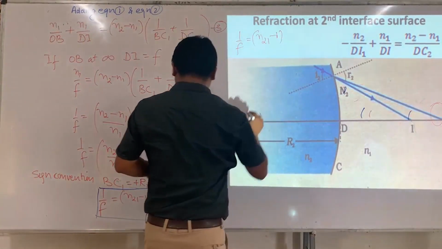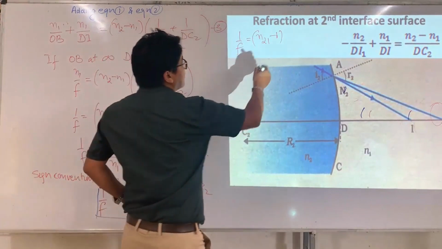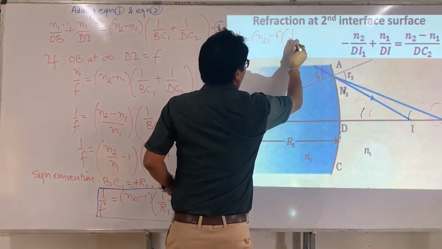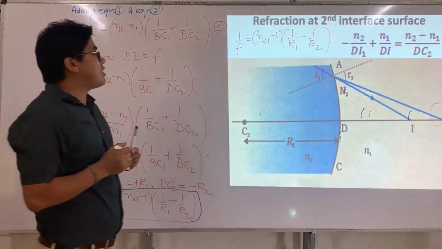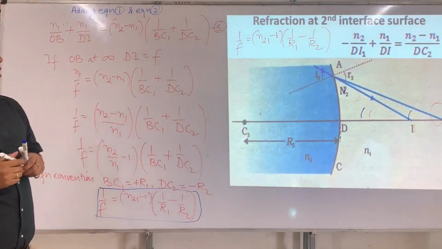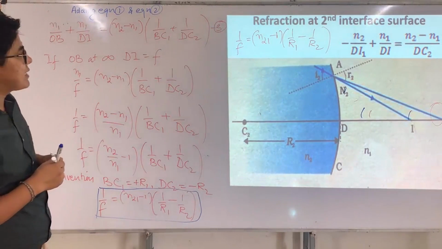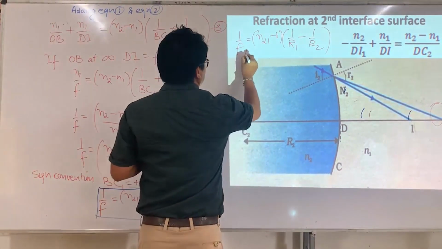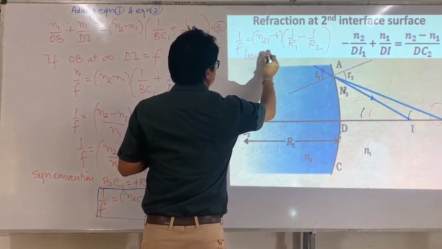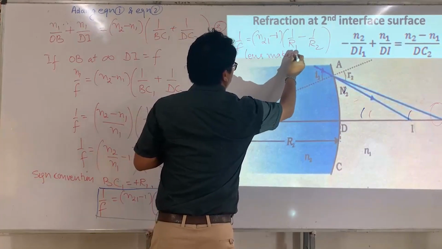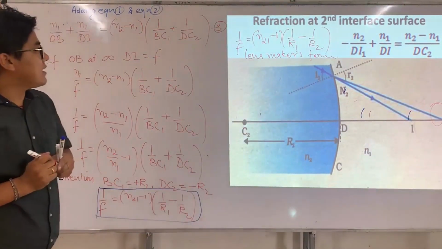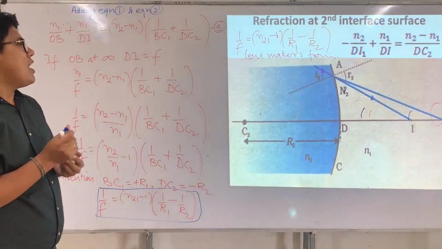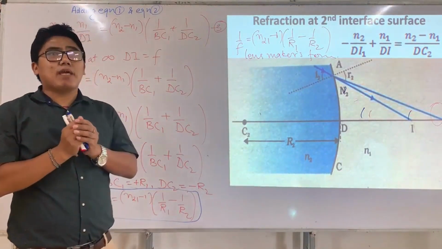And this equation is what we call the Lens-Maker formula. I'll tell you why it is called the Lens-Maker formula.